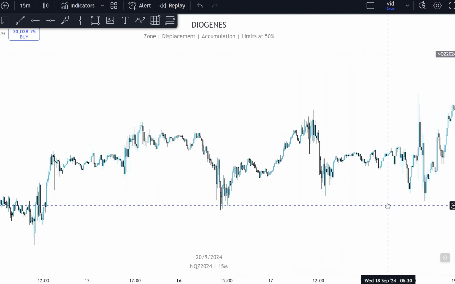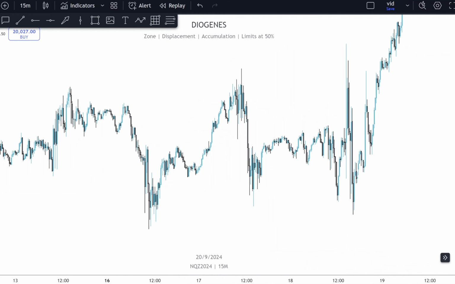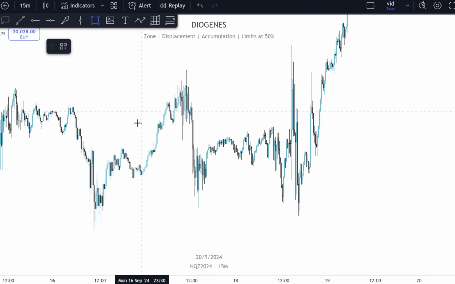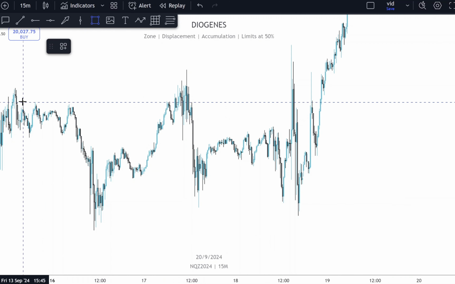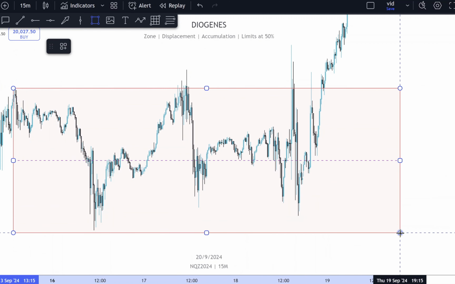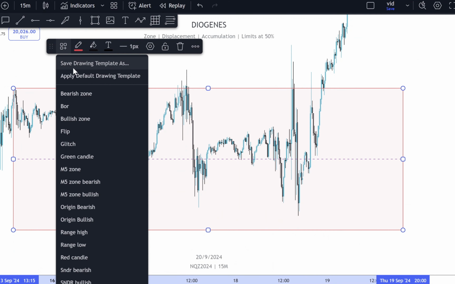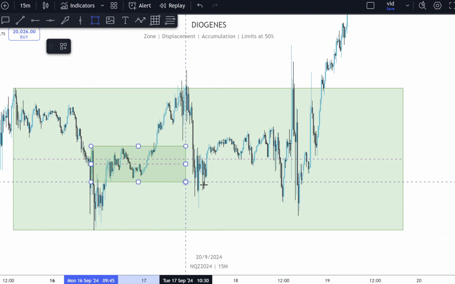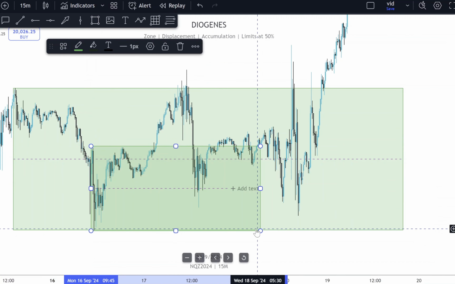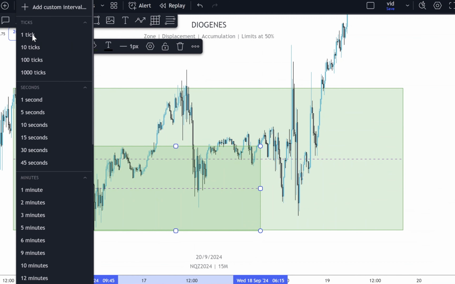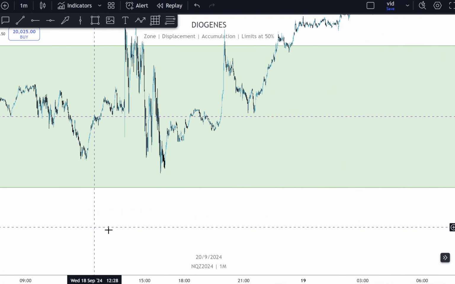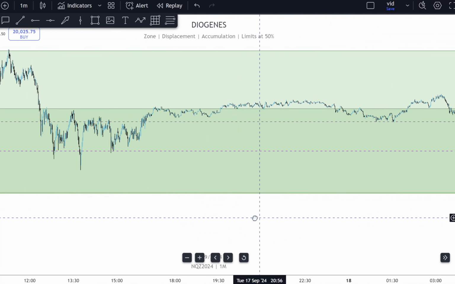Okay, so 15-minute time frame. Remember from our last review, we had this bullish zone, right? Price mitigated here, mitigated this glitch in the M5, and they flipped bullish in the M1 here, right?